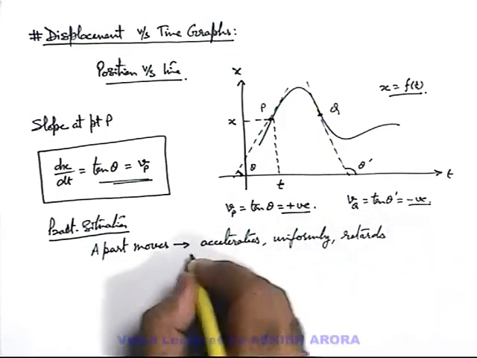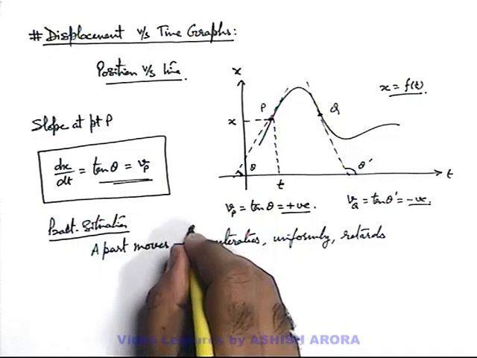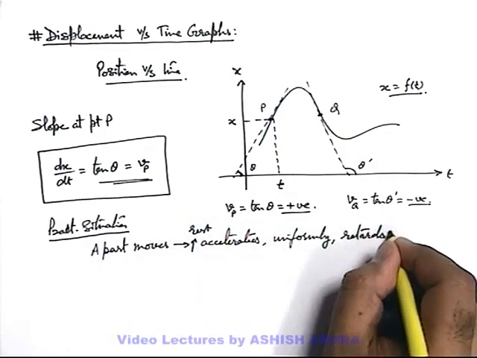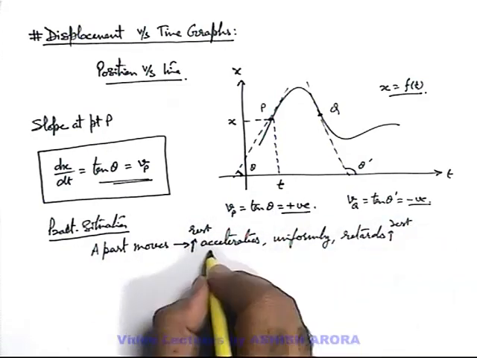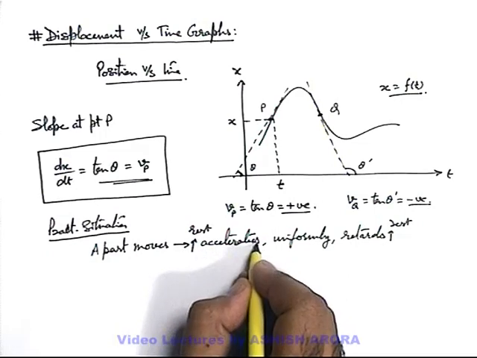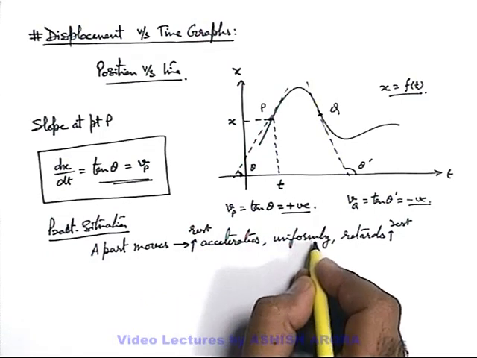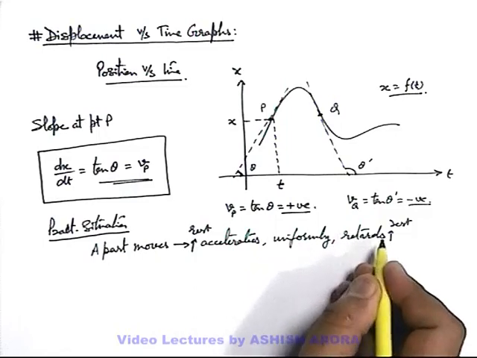Initially say it was at rest, and finally also say it will come to rest. So first it accelerates, its velocity increases, then it moves uniformly, and then finally it comes to rest.